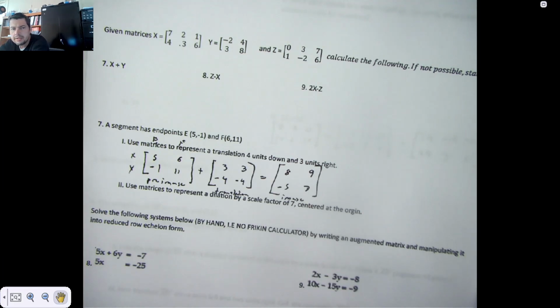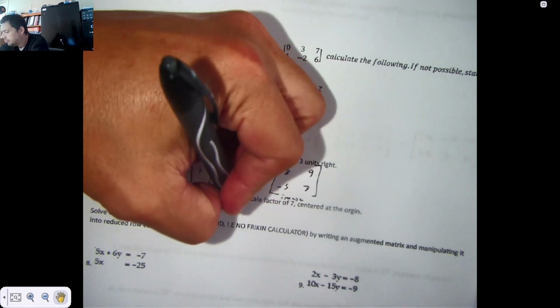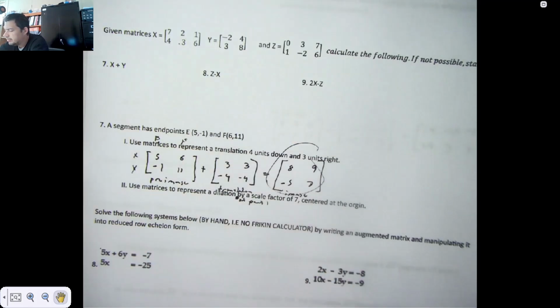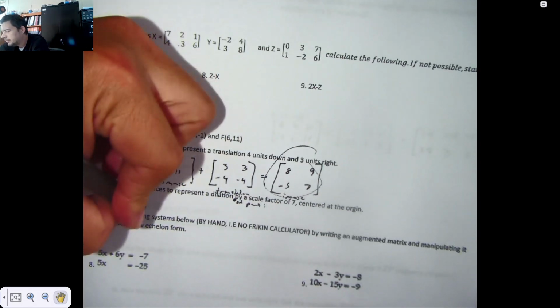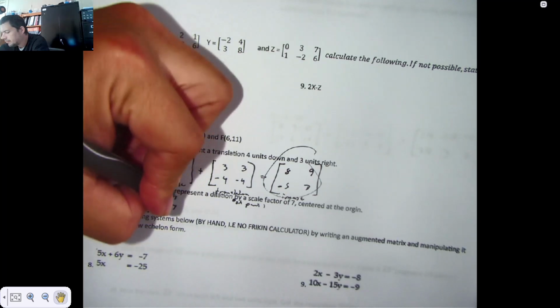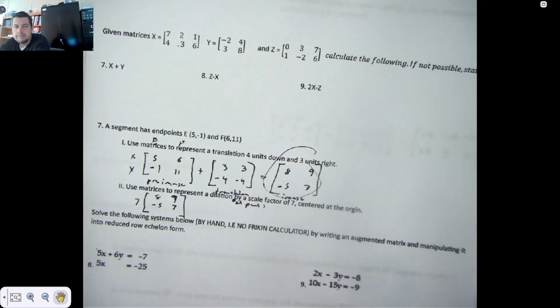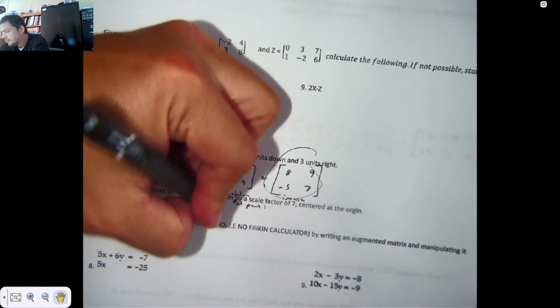Use matrices to represent a dilation by a scale factor of 7 centered at the origin. So I'm just going to do a scale factor of 7. I'm going to throw a 7 in front of that bad boy. I'm just going to 7 everything. 7 times 8 is 56.